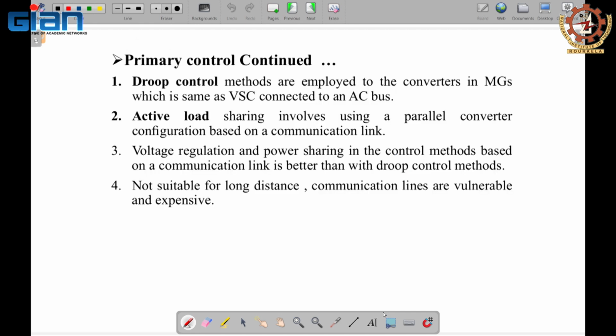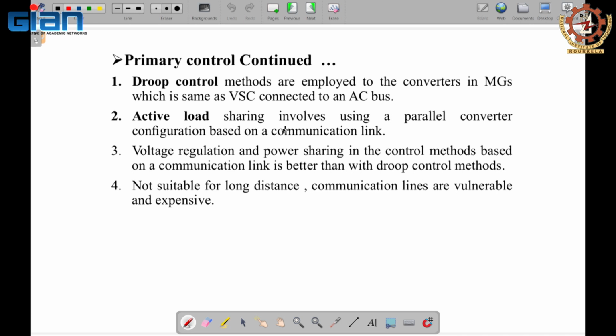And then when we are talking about the primary control, we talk about the frequency control, the droop characteristics employed in the converters, and active load sharing.